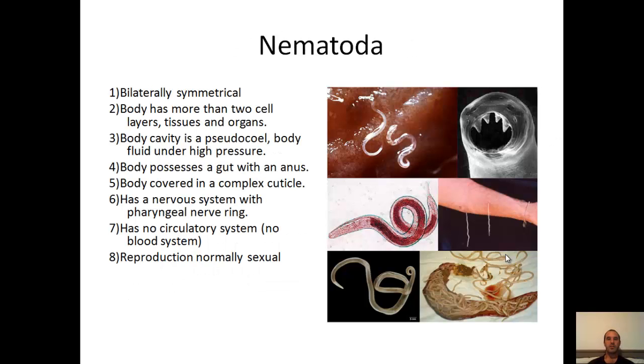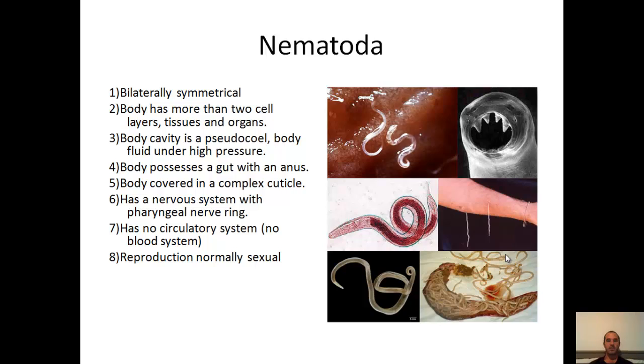Okay, now we've got a pretty creepy phylum. It's Nematoda. This is roundworms. So heartworm and hookworm are examples of nematodes. They're bilaterally symmetrical. They have more than two cell layers, tissues and organs.